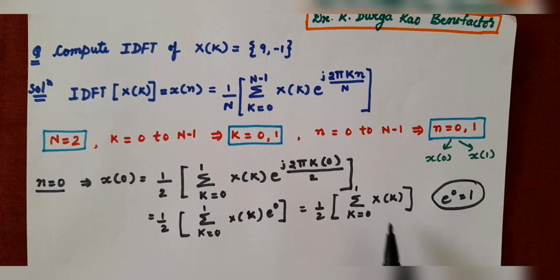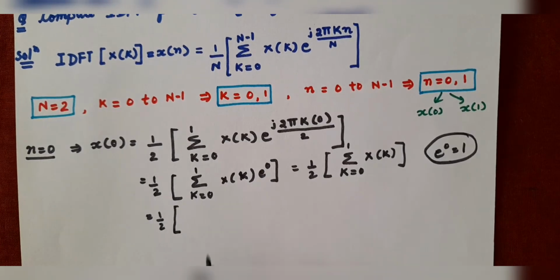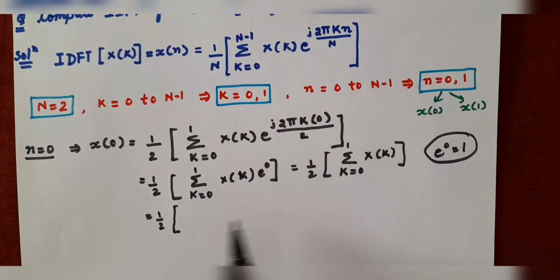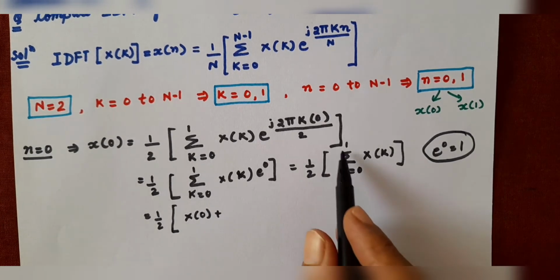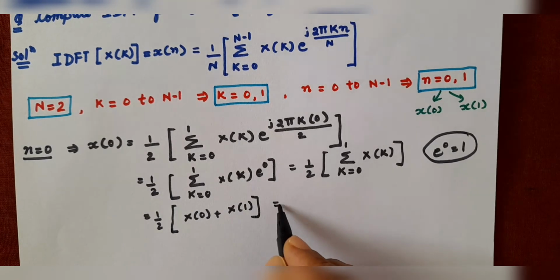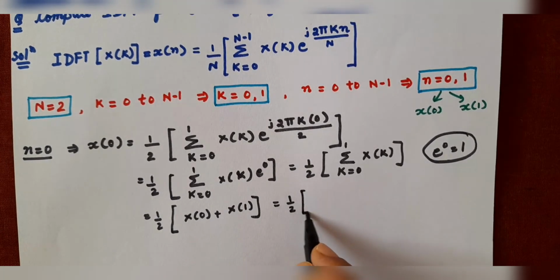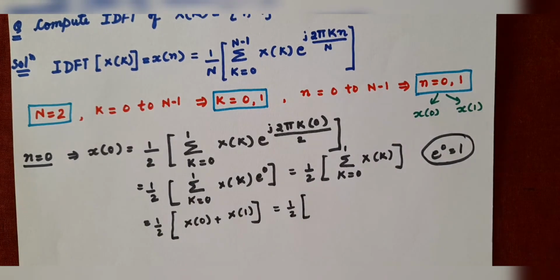So, now expand this summation. 1 by 2, first put k is equal to 0, X of 0, next k is equal to 1, so X of 1. What is X of 0 value? 9.